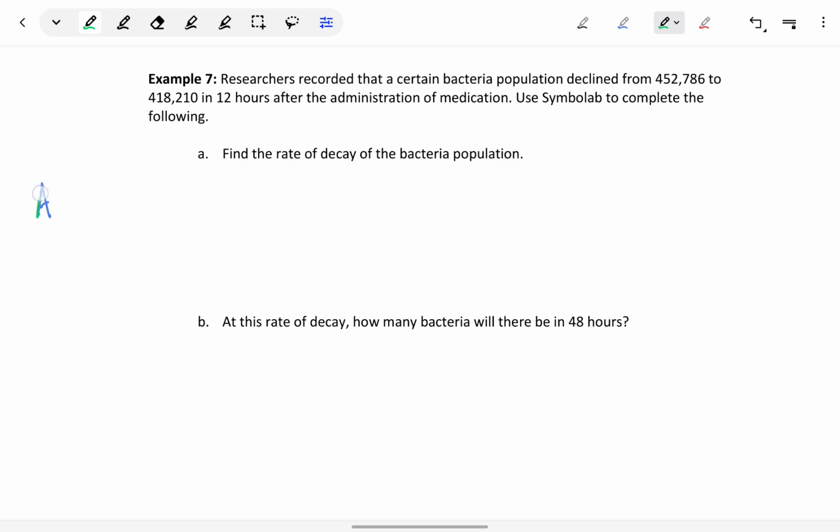Here we'll still be using that same formula, A equals P e to the RT. We know the final population, which was after 12 hours, 418,210.